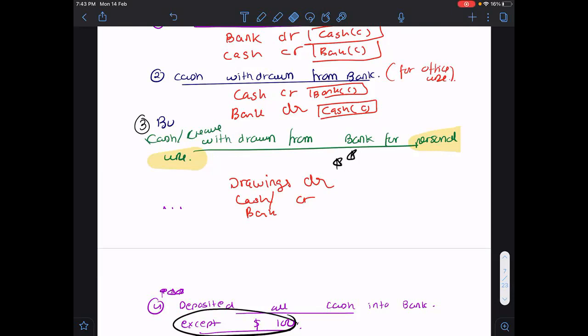But miss, it says cash withdrawn from the bank. So it's cash going out of the bank for personal use. कैश जा रहा है बैंक में से, तो बैंक क्रेडिट होएगा. ओके, बैंक क्रेडिट होएगा और जो पैसा मेरे हाथ में आएगा दैट इज ड्रॉइंग. ओह या कूल. चलो नेक्स्ट.